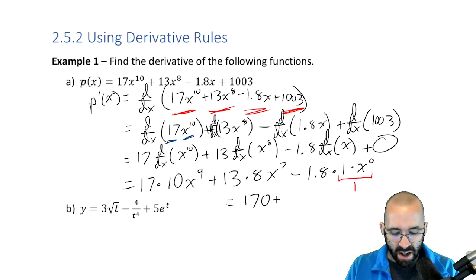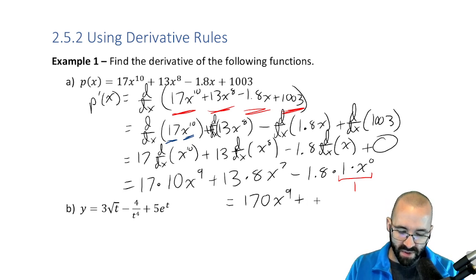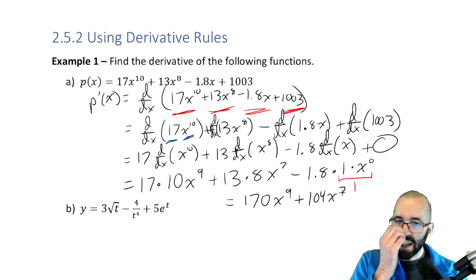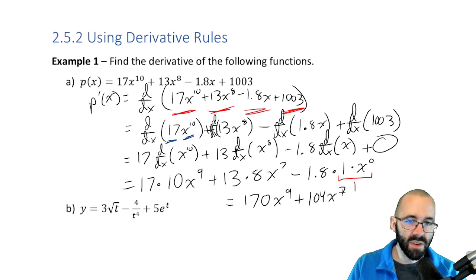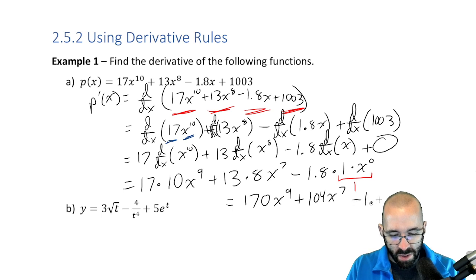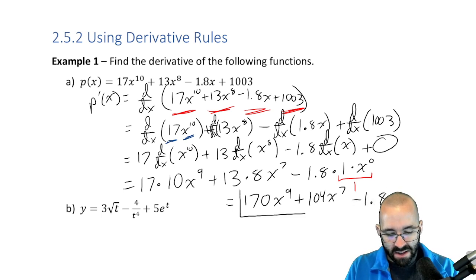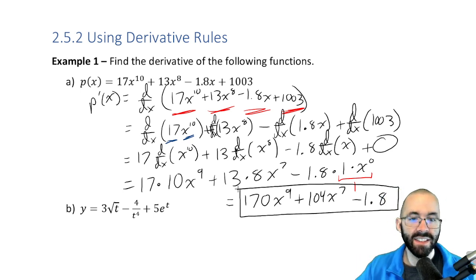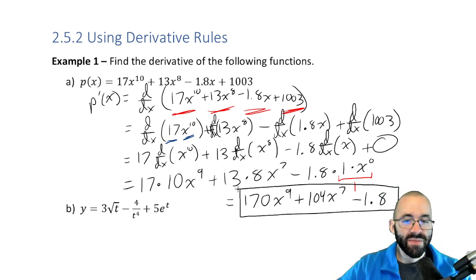We just simplify: 170x to the 9th plus, oh dear, 104x to the 7th, 13 times 8, I think, so, minus 1.8. That's p prime. That is our derivative. That's how we do it.